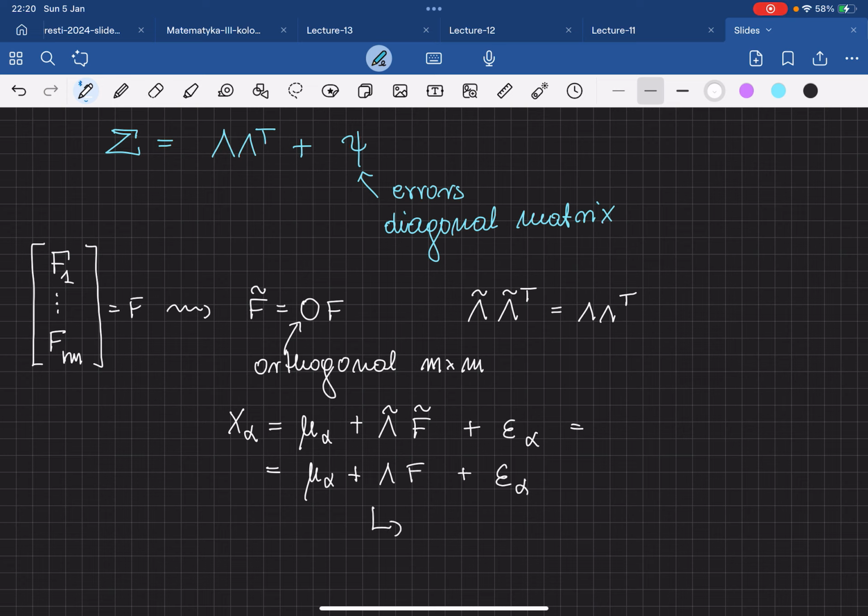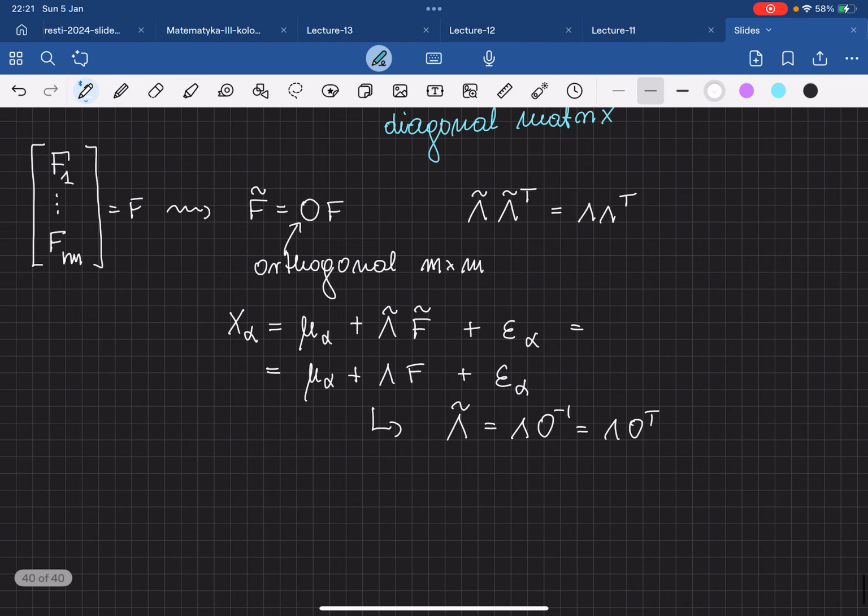So this means that this lambda tilde equals lambda times O, matrix O to the power minus 1, and since it's orthogonal matrix, this is the same as transposed.